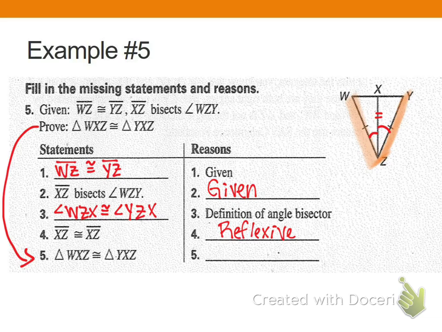What are the 2 ways we learned to prove triangles congruent today? Side, side, side, and side angle side. Those are the 2 new ways we talked about today. Which one applies here? Side angle side, so you can just write SAS. Okay, we had 2 pairs of sides and the angle in between those sides congruent to each other from each triangle.